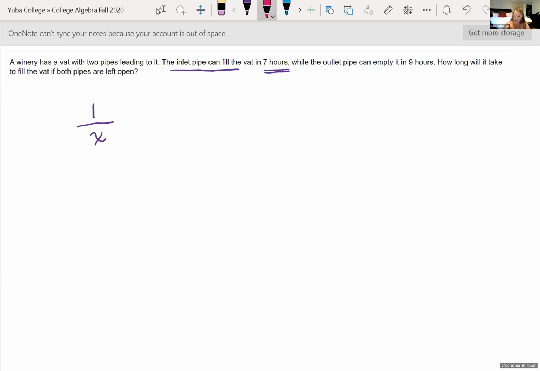While the outlet pipe can empty it in 9 hours. So I know that this would be minus 1 over 9. How long will it take the vat to fill? Oh wait, sorry. I don't know why I put X there. It was 7 hours here.